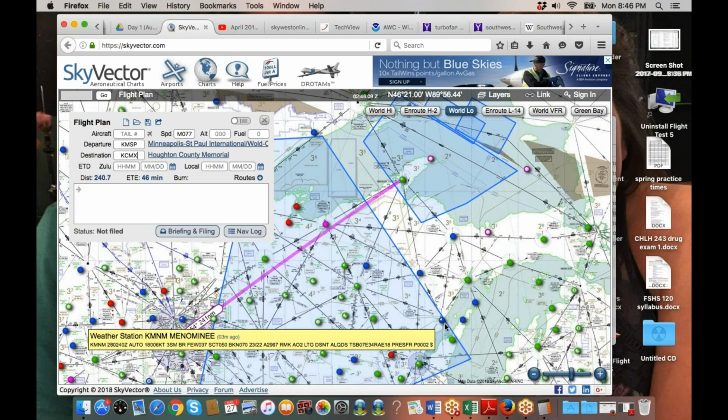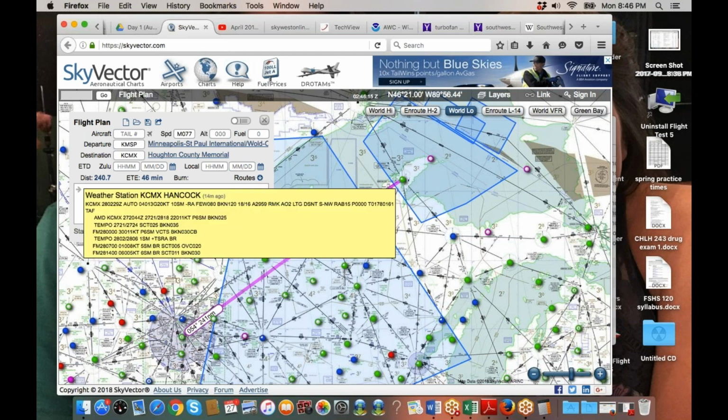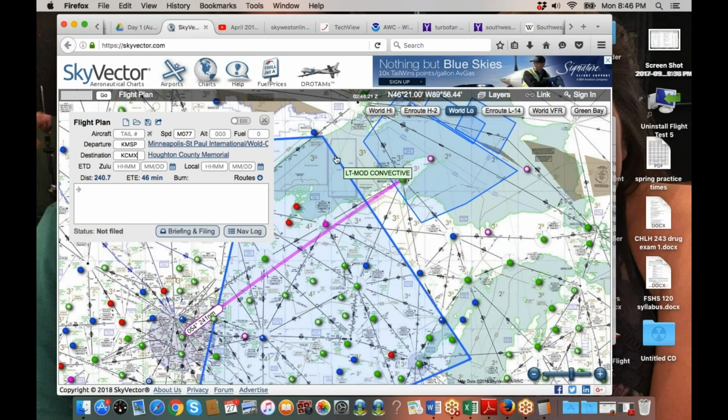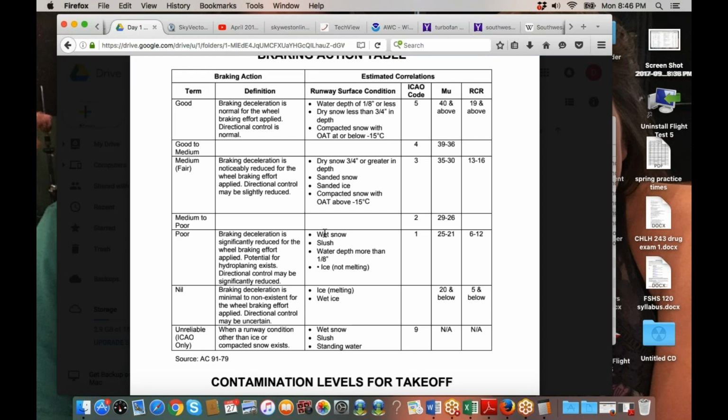Might go down here or down to Escanaba, but yeah, it's kind of a rough deal. Sometimes they change them on you, and there are other times where it'll be wet snow or slush, and then all of a sudden the temperature drops real quick, and we just end up with ice.